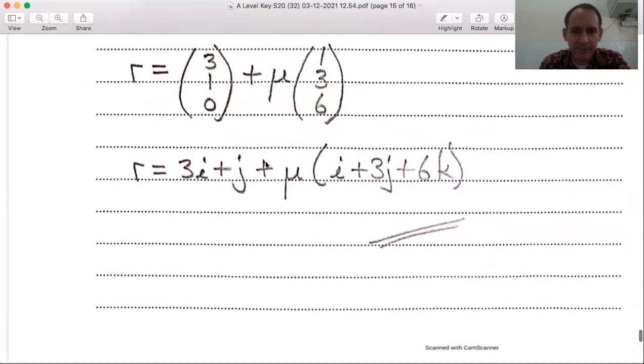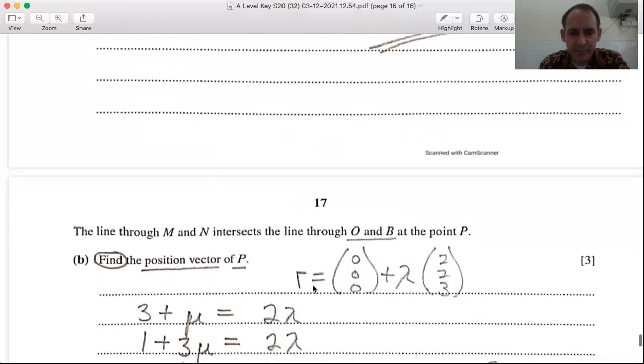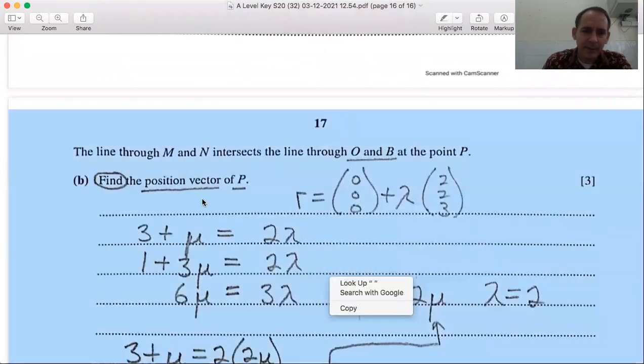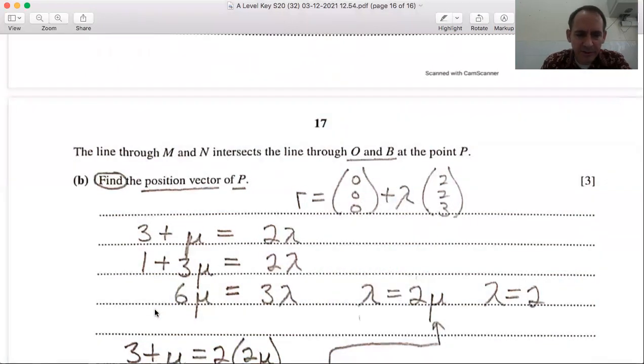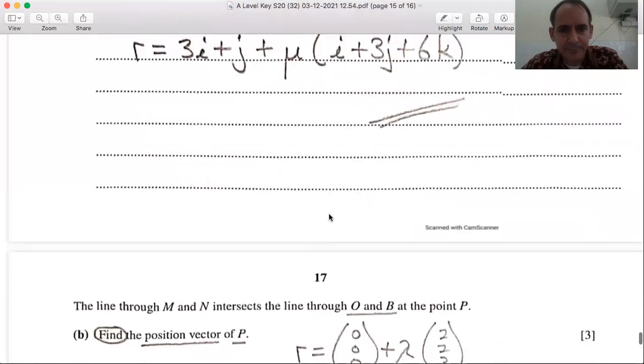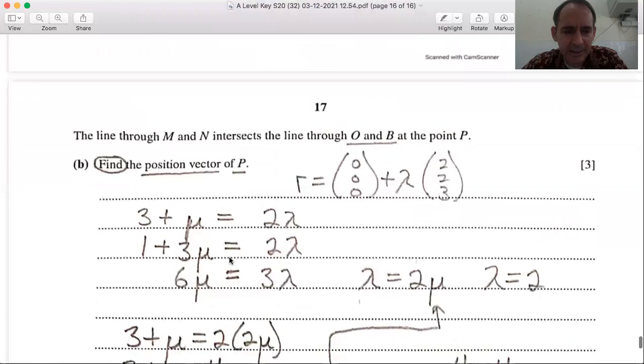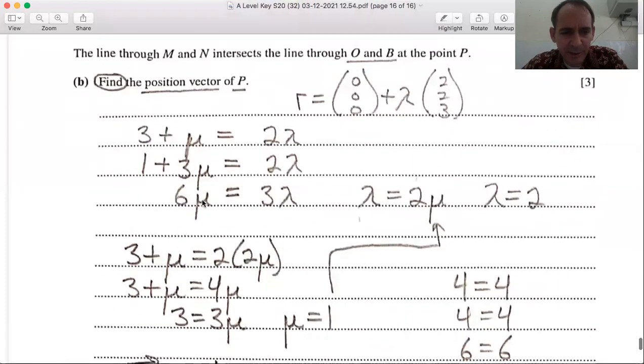And then we have 1 plus 3 mu equals 2 lambda, and then we have just 6 mu equals 3 lambda. The 6 mu comes from this. There's no k, so there's 0 plus 6 mu equals 3 lambda.